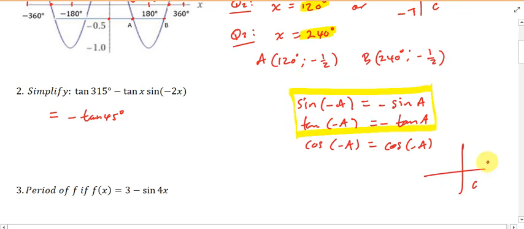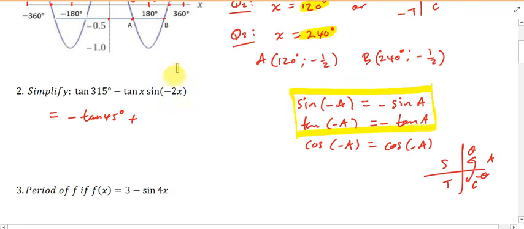Because we have the CAST diagram. If you go in this direction it is theta, and if you go in the clockwise direction it is negative theta. So if I replace all these with negative theta, you can clearly see sine of negative theta is in the fourth quadrant. So if we want to find sine of negative 2x, remember the negative and the negative becomes a positive.